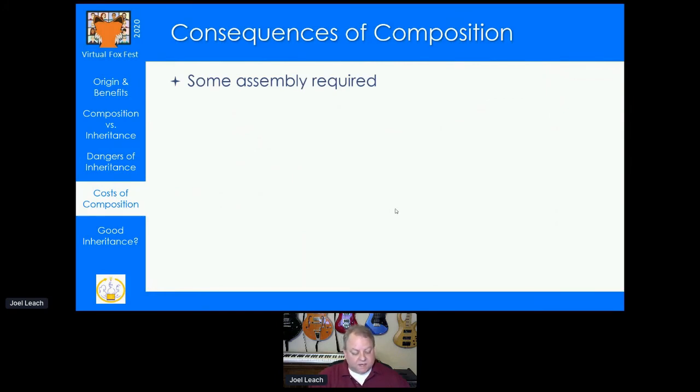And it can be a chore to assemble everything that's needed. Now, on some platforms, utility frameworks have been created, things like inversion of control containers and dependency injection frameworks. We're not going to go over these things, but they do some of the composition automatically and reduce that level of inconvenience.